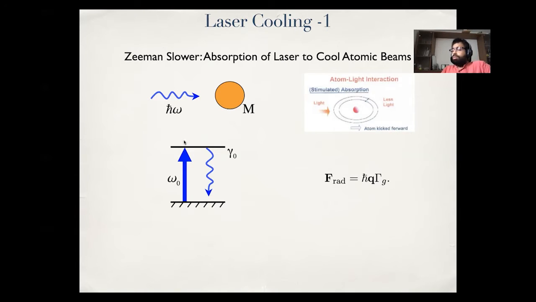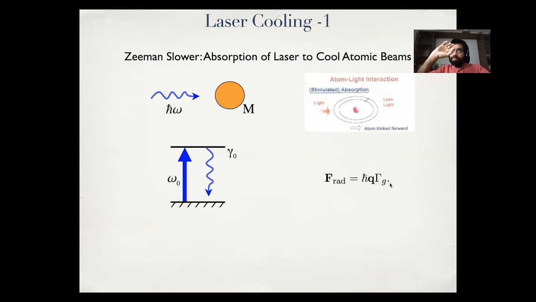Just as I can absorb a photon, eventually an atom can spontaneously emit a photon. But our luck, and what helps us to actually use lasers to slow down atoms, is that this spontaneous emission, which is described by this gamma, can happen in any direction.